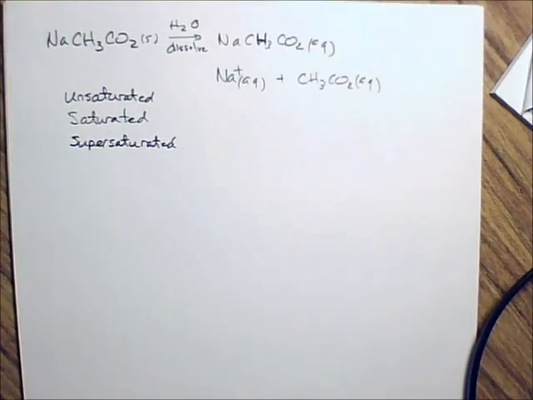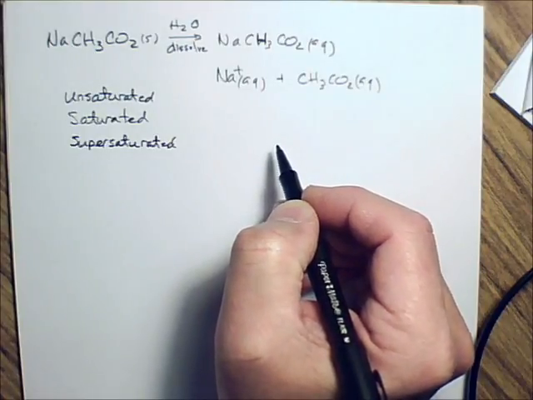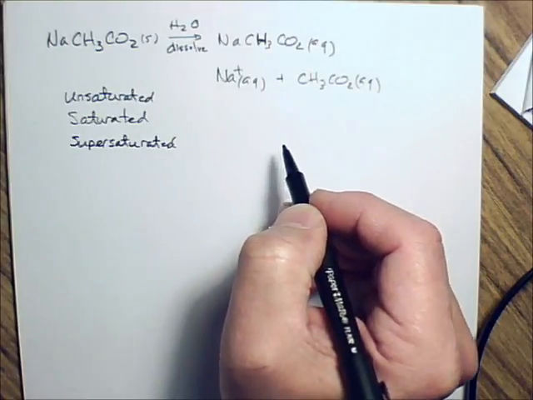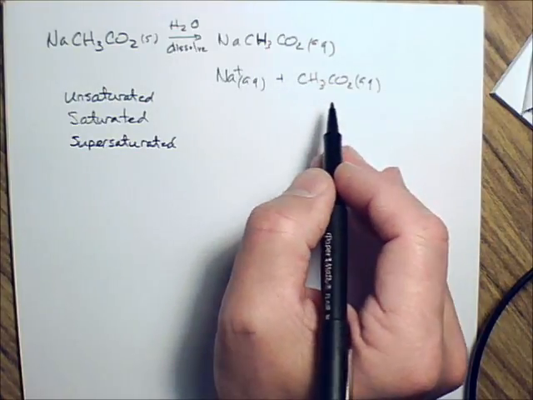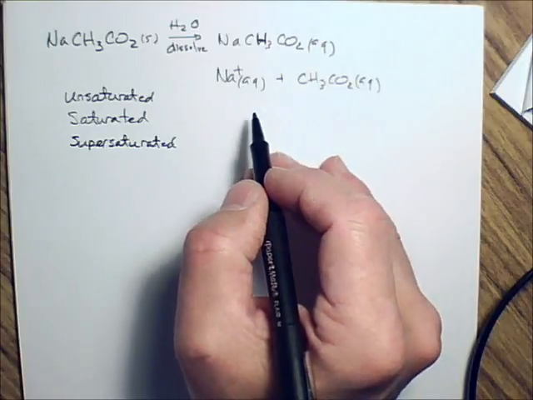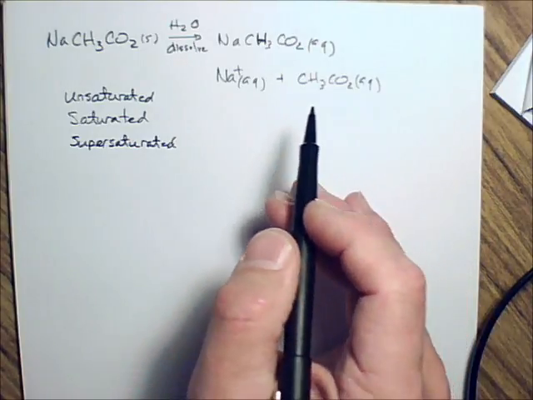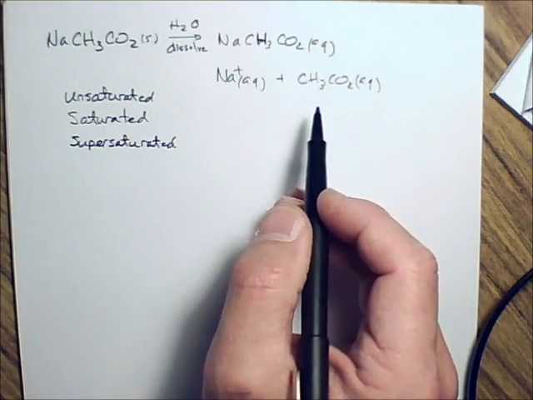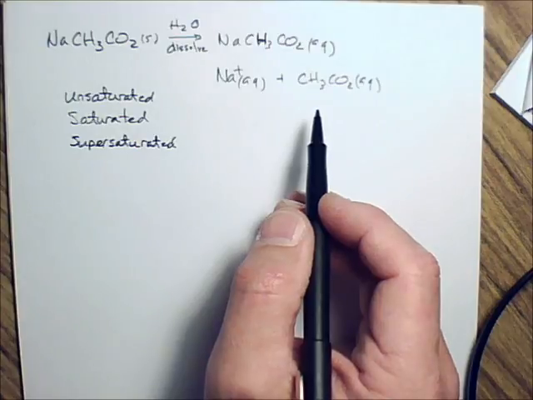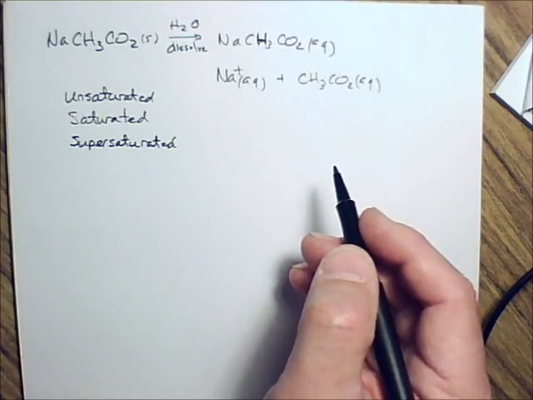So in the Florence flask, I simply dropped a crystal down into there, and it started all the supersaturated sodium and acetate ions linking together. In a sense, it sort of catalyzed that crystallization. But it wasn't a true catalyst because the catalyst is not used up in the reaction. That crystal was actually used up. So it started the reaction.